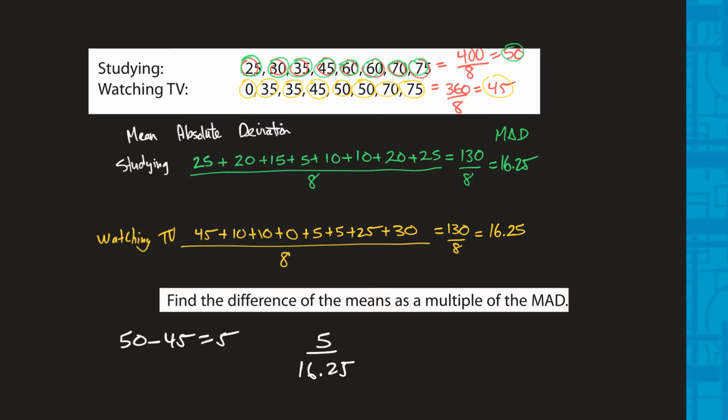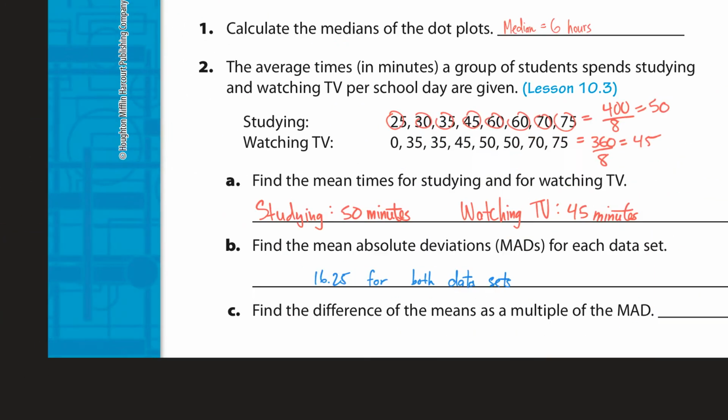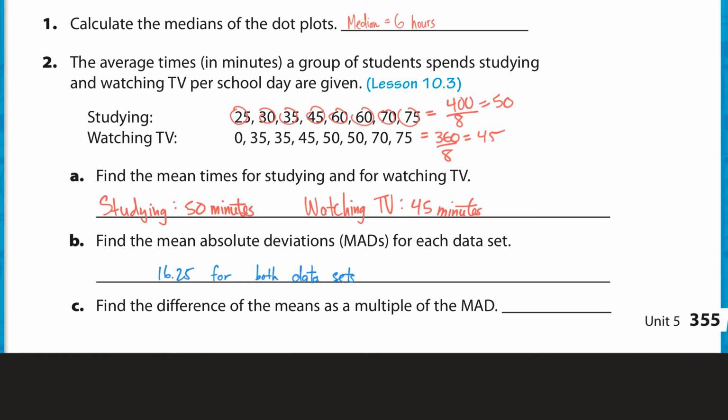And I got my calculator here. 5 divided by 16.25 is a big old decimal, so I'm going to say it's about 0.307, which rounded to the nearest hundredth is 0.31. So there it is, 0.31.